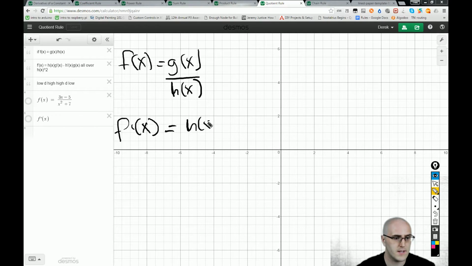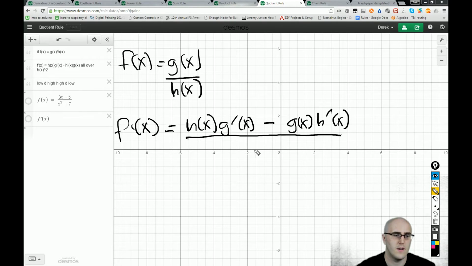So h of x, so low is the denominator. Low d high, so derivative of the high, so that's g prime, minus low d high, high d low. So now we have g of x times the d low, or h prime of x. All of that over h of x squared. Low, d high, high, d low. All of that over low squared.